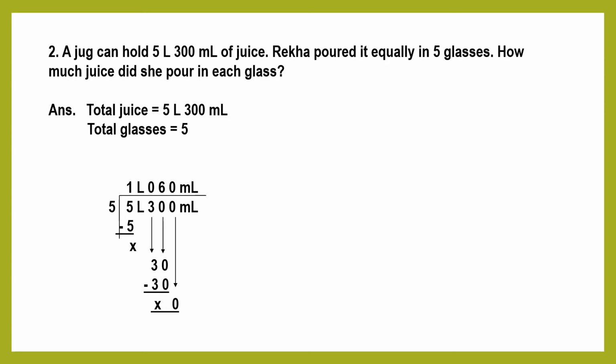Now 30 comes in the table of 5, 6 times. So write 6 above and subtract. You will get 0. The next number is 0, so bring it down and put 0 above, because 5 zeros are 0. Then milliliter is written, so write milliliter also on the quotient. So your answer is 1 liter 60 ml. That means Rekha poured 1 liter 60 milliliters in each glass.